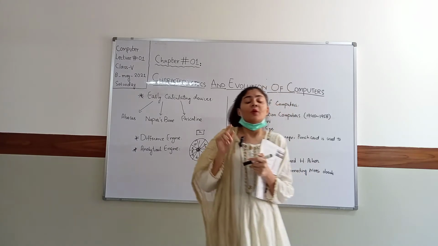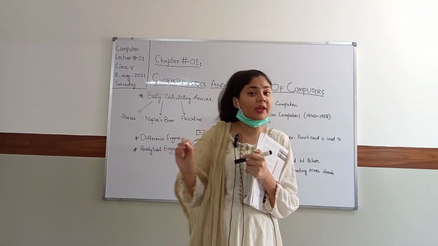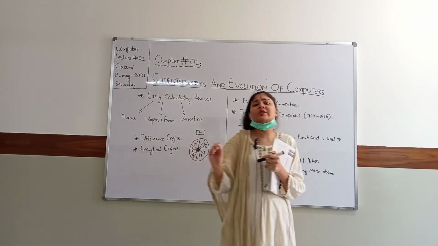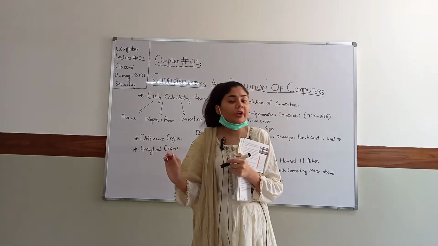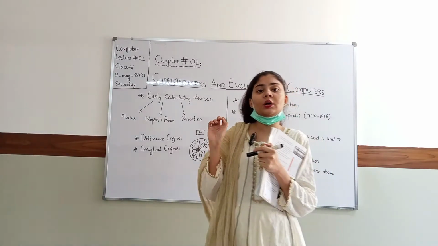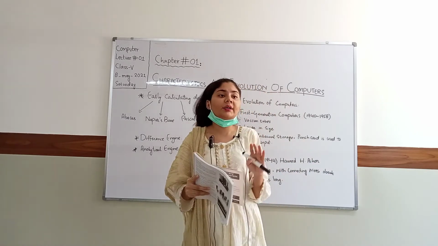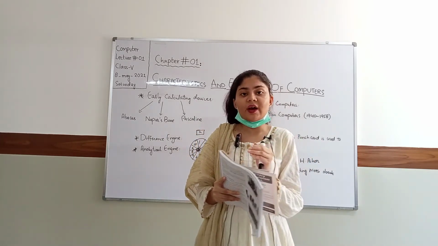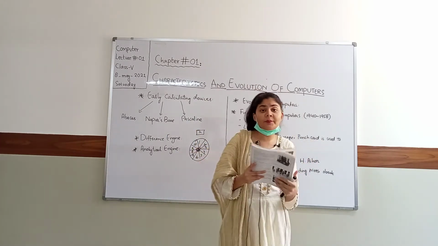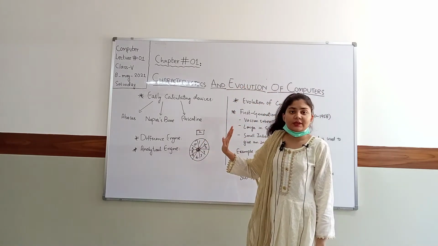But we can perform calculations with thousands of numbers in Pascaline calculators, because the abacus was not enough and Napier's Bones was not enough. These are all the calculating devices that were developed in the earliest time, but here the computer's journey begins.